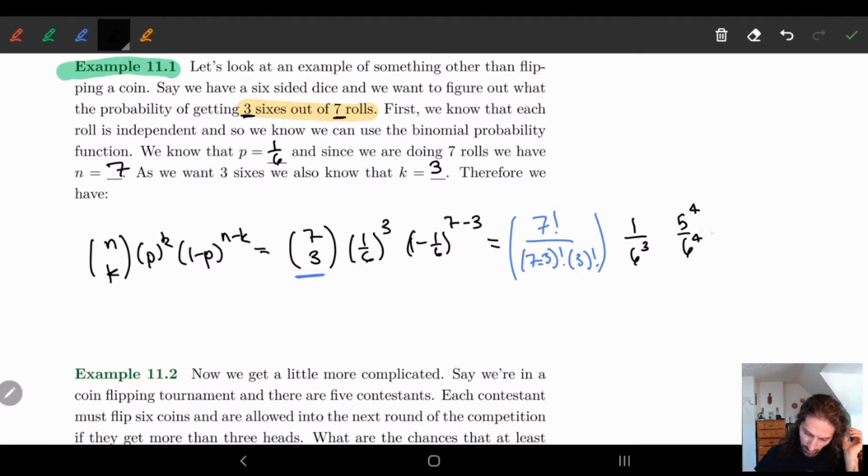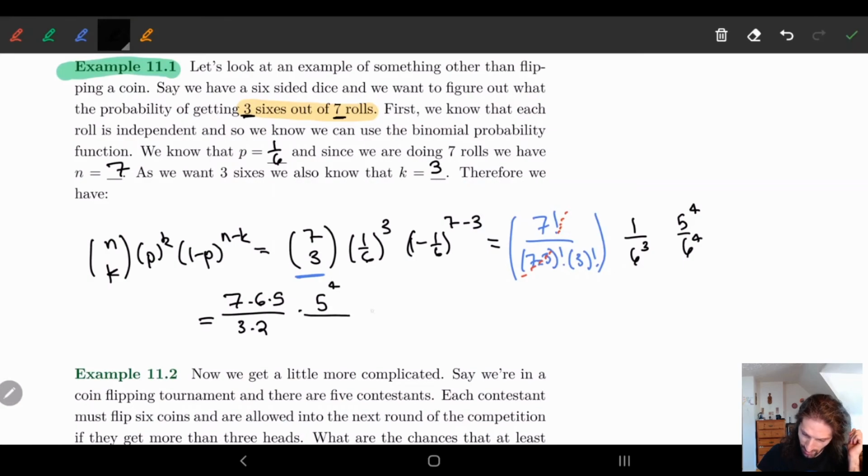So what do we have here? 7 factorial over 4 factorial, so I can get rid of the 4, 3, 2, 1 from the top. I'm left with 7 times 6 times 5 over 3 times 2, times 5 to the 4.